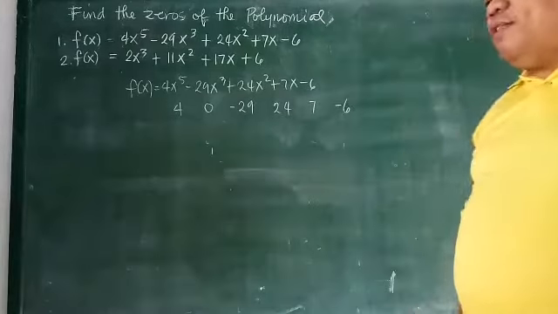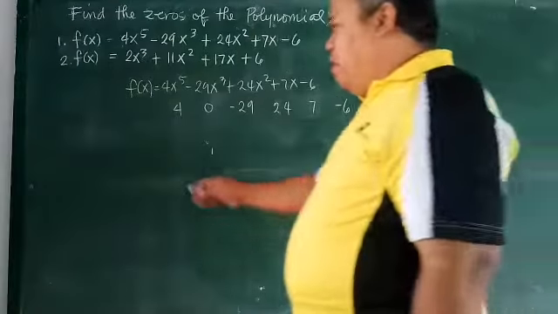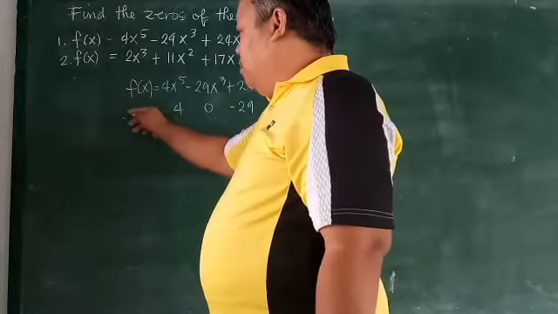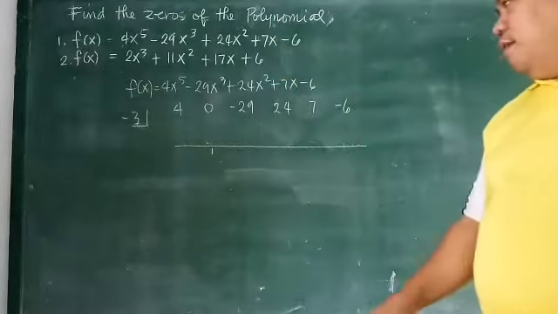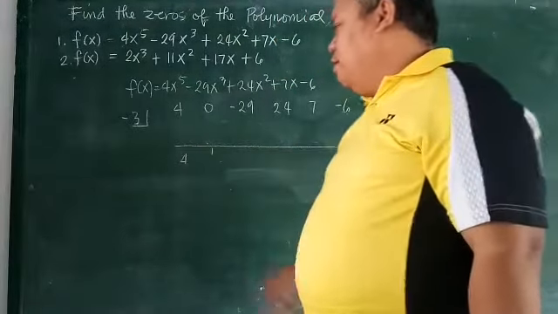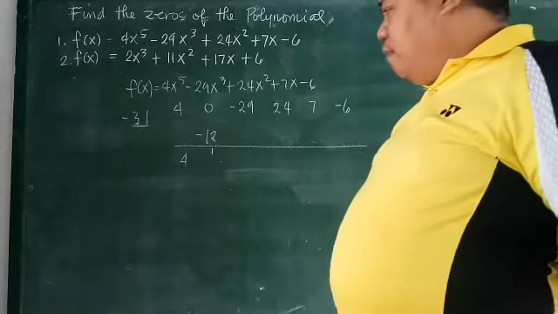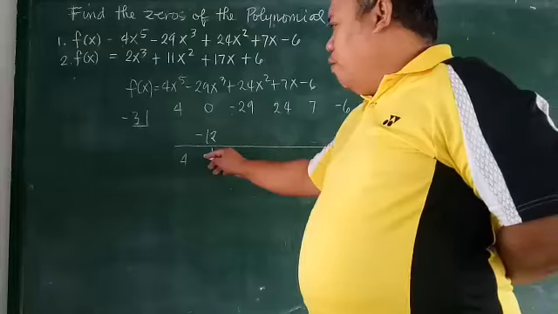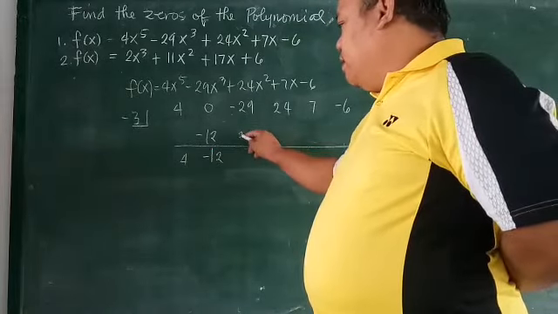Okay, try ko ha. I'm going to try numbers from -3 to +3. So, I'm going to write down here in my pocket, -3. So let's say 4, ito 4, and then -12. -12 ulit. So this is 36.